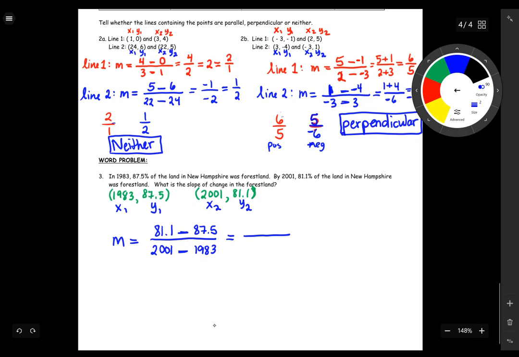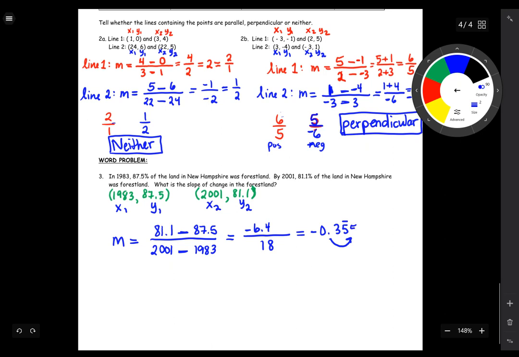From 2001 to 1983 is a total of 18 years. If you subtract that, I just used a calculator, you get negative 6.4. And when I divided that with my calculator, I got about negative 0.35, in which the 5 was repeating. And so that would be, and then remember, we moved the decimal point over 2 places to the right.